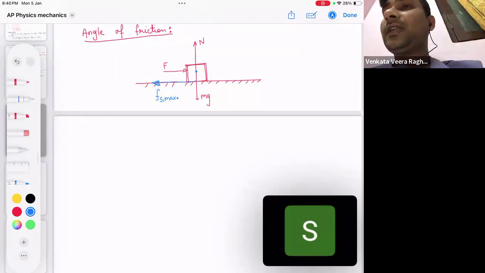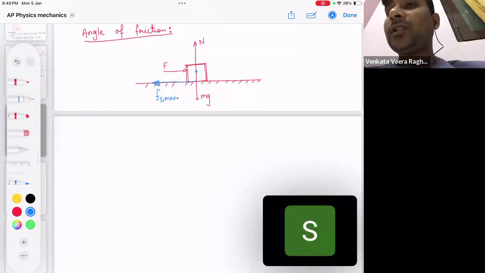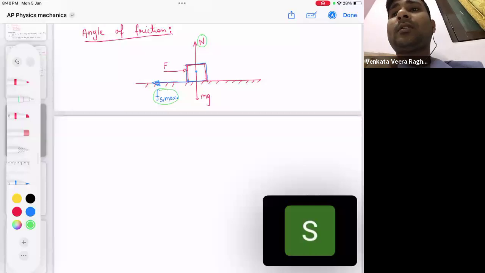Limiting case. See, if I ask you what is the contact force acting on this block, can I say there are two contact forces acting on this block? One is the normal, one is the static friction, isn't it? These are the two contact forces acting on the block.